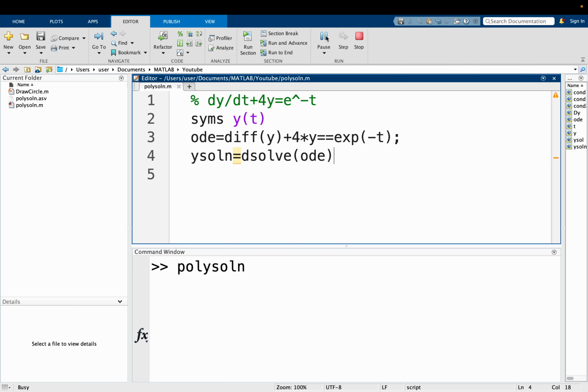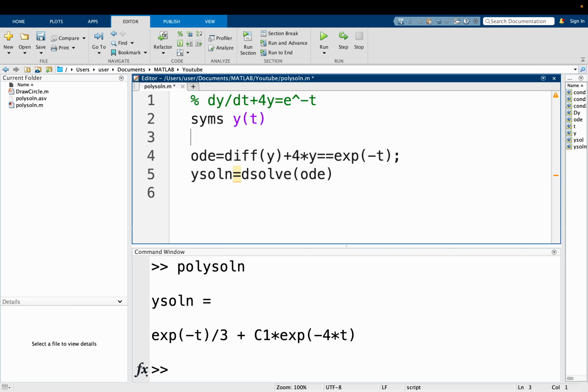If I run this one, you can see my ysol in the command window, and it is exponential of minus t over 3 plus C1, which is an unknown constant, times exponential of minus 4t. So if I want to find C1, I have to define a condition, and the condition I have is the value of y at 0 is just 1.